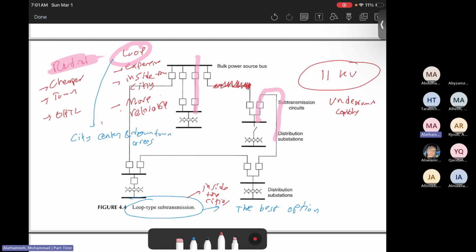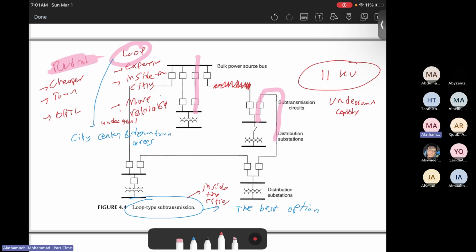So here again, this is underground. So the loops again, underground cables. That's why when you go to Amman downtown, you will see a substation called the Abdali substation. But in that substation, you will not see any high voltage pole or tower or any medium voltage pole.